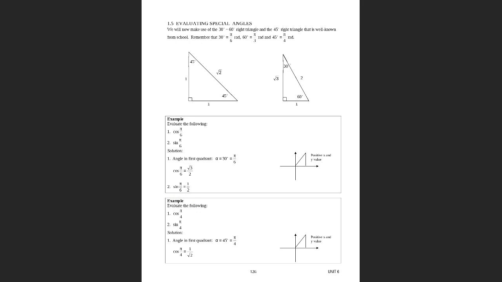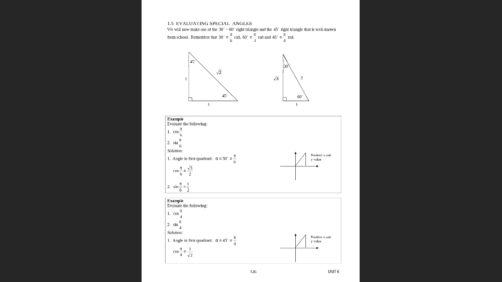So that's that. I believe you also know these special angles. Tan 45 is equal to 1. Sine 45 is 1 over root 2 or root 2 over 2.